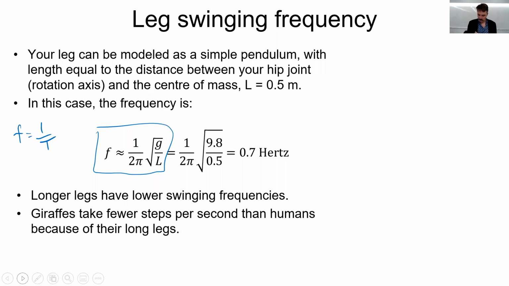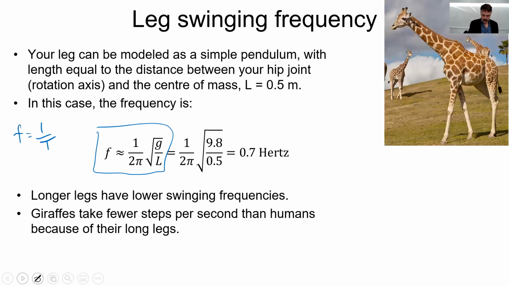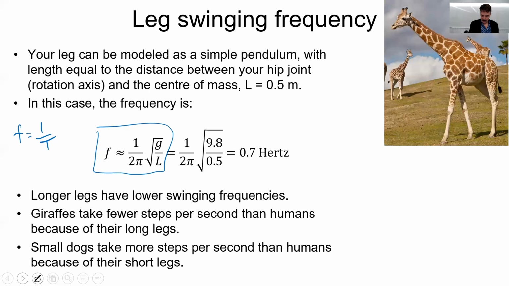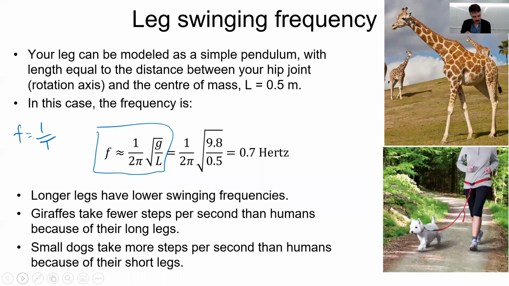So for example, a big giraffe or something will have fewer steps per second than a human because of their long legs. And a small dog will have, if you watch those dogs walk along, you can see their legs with a very high frequency if you compare it to the human that's right beside them. Okay. So the biological side of this.